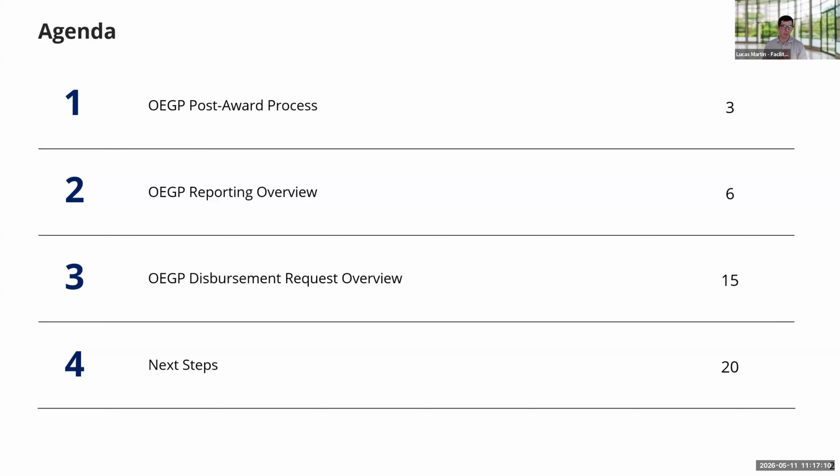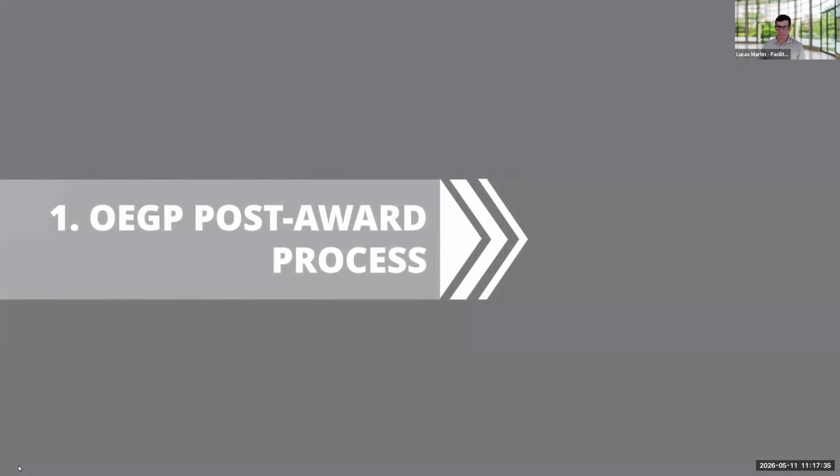Next, we'll cover the disbursement request process, including touching on eligible and ineligible project costs and the required supporting documentation demonstrating eligibility. And we'll finish out by going through a couple of immediate next steps coming out of this session. So without further ado, we'll dive right in.